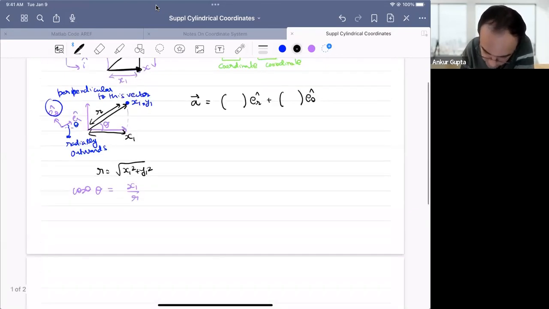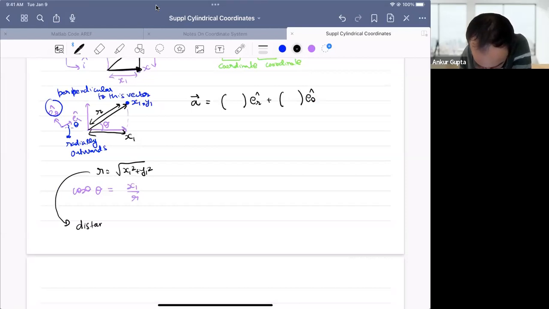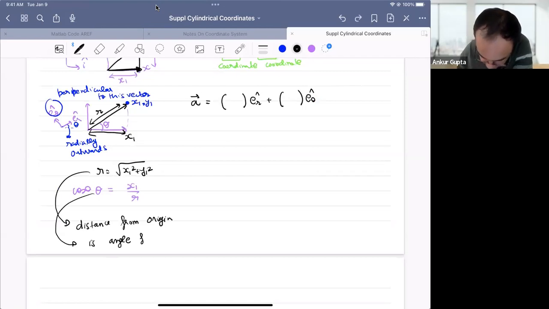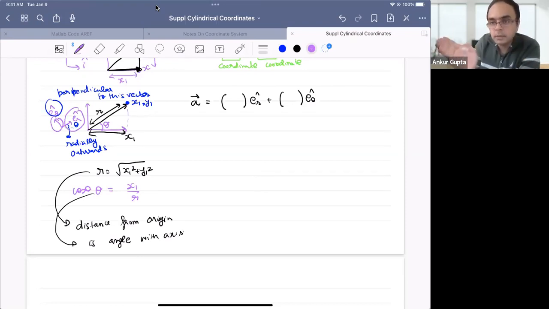So r is the distance from the origin. A common mistake is that students sometimes think r can be negative, but it is always positive. And theta is the angle with the x-axis. This also helps you visualize that e_r is radially outwards, as I've pointed out here, and e_theta is perpendicular to that, because theta sweeps around from here.